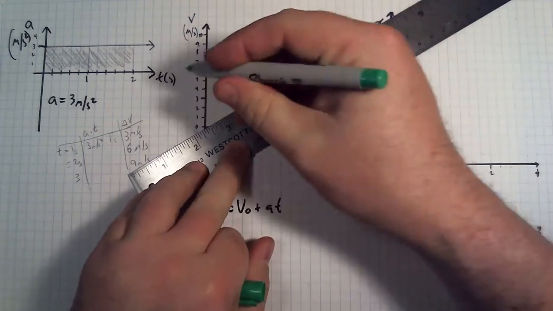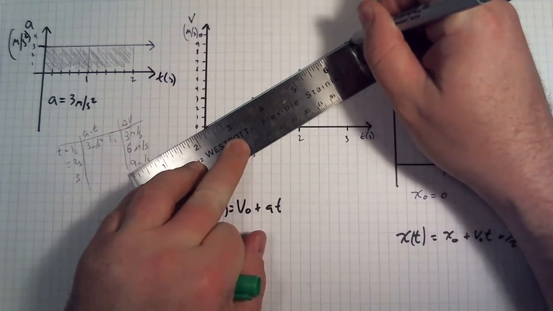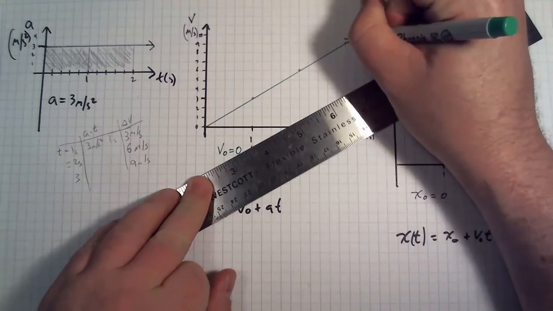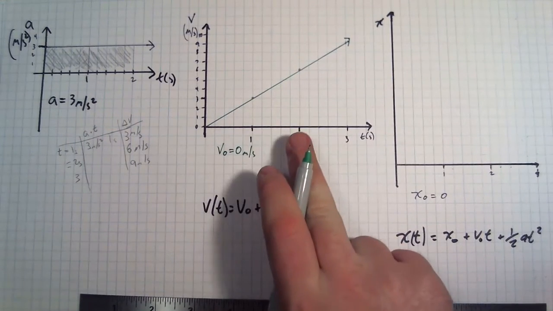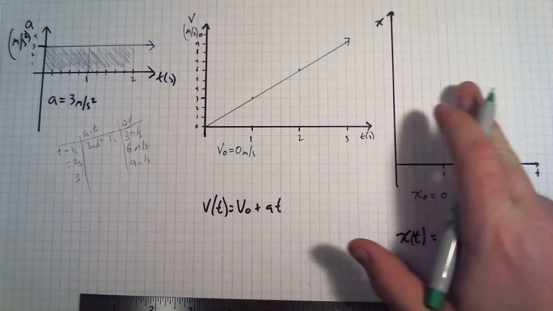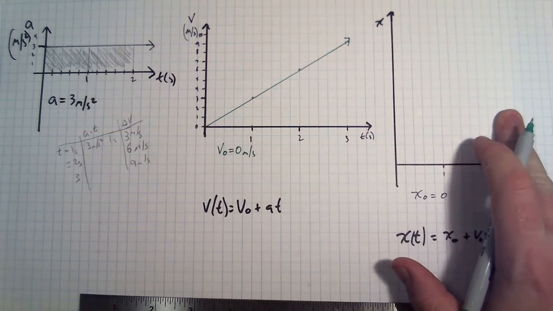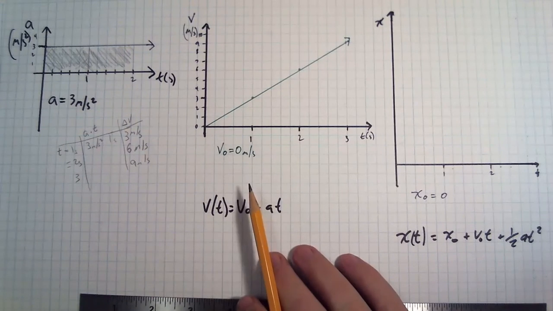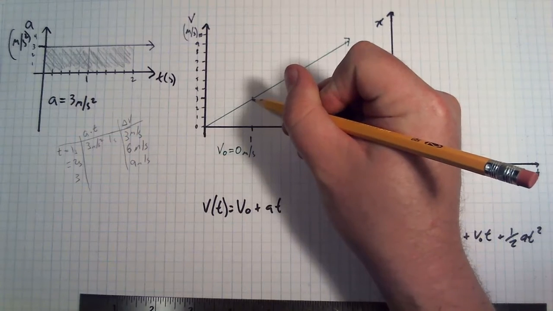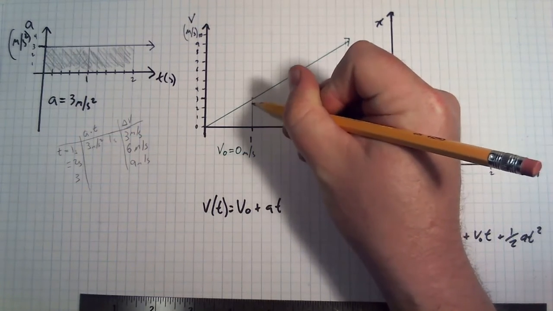So here is that green line that I did in that last video, but with a couple of those points plotted in. What I'm going to do is take this same idea and use it to generate my x curve. So if I break this out, what I want to do is take a look at this area.